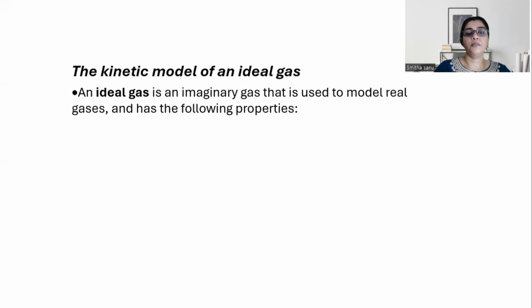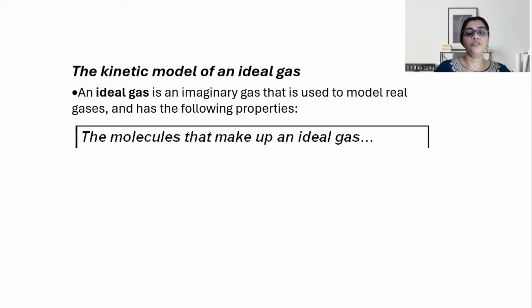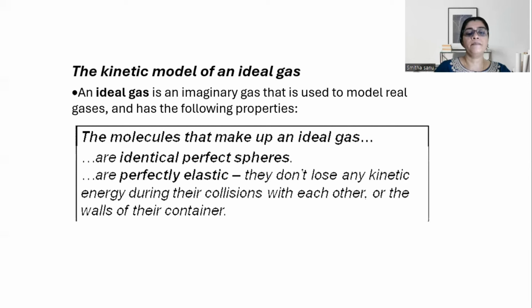Now we are going to study the kinetic model of an ideal gas. So an ideal gas has certain properties or assumptions, and we need to know these by heart. The first postulate is we are considering the ideal gas as perfect spheres. They are perfect spheres and perfectly elastic.